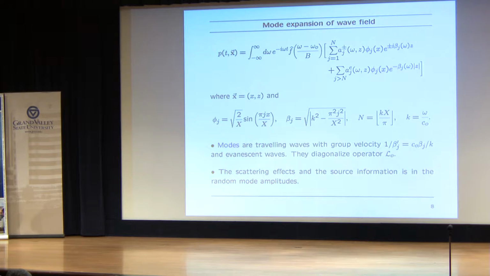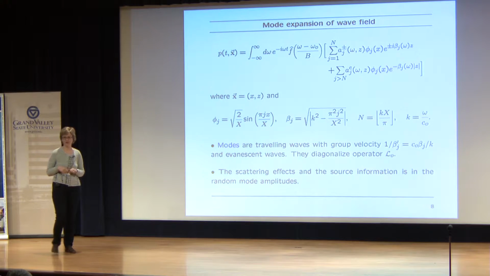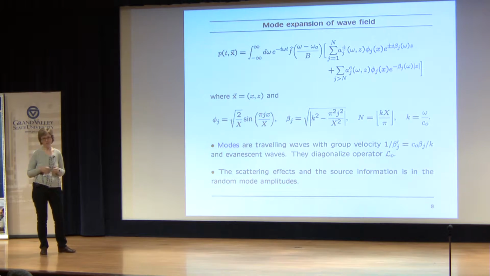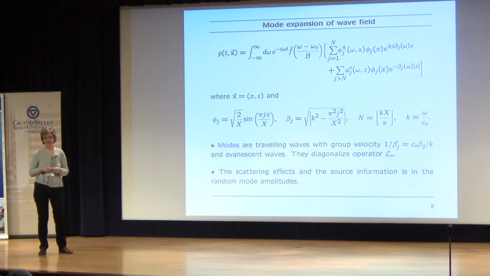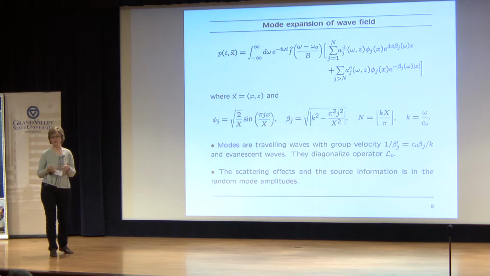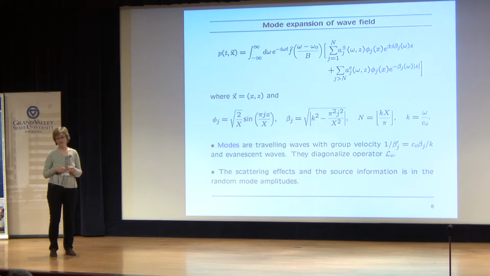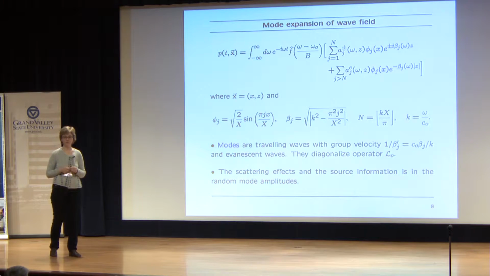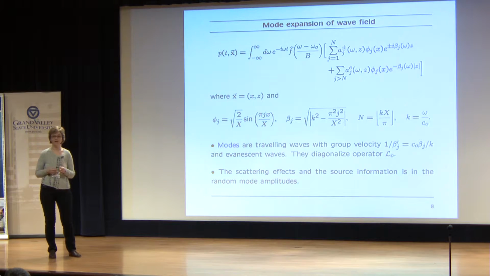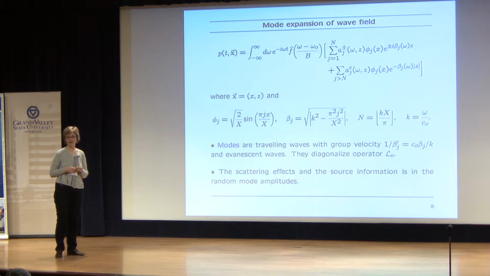So how do we do it? The first thing one does when studying wave propagation in random media is to decompose the wave. The reason is that different components of the wave, in general in open space a plane wave decomposition, are affected differently by the random medium.